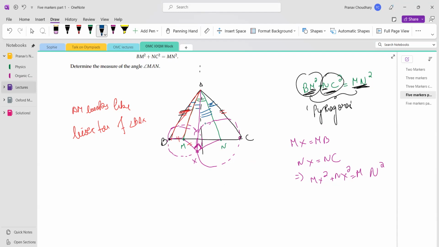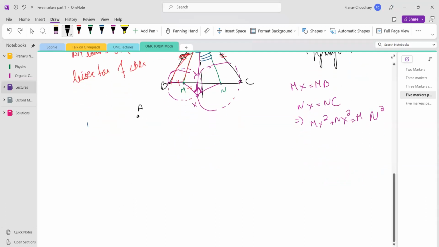The angle is just 45 degrees. So this looks like it can be true. So let's try to prove that it is true, in fact. A, B, C, M, and N. Okay, not a good diagram.